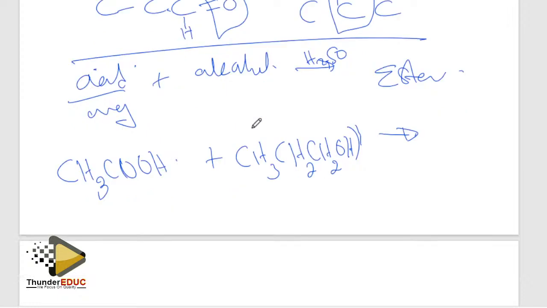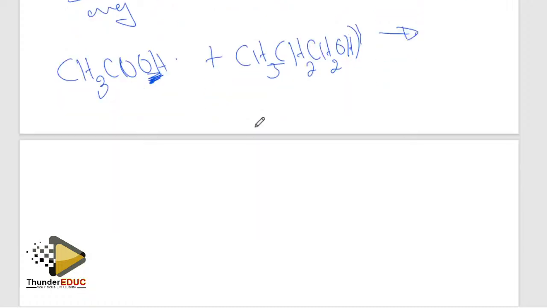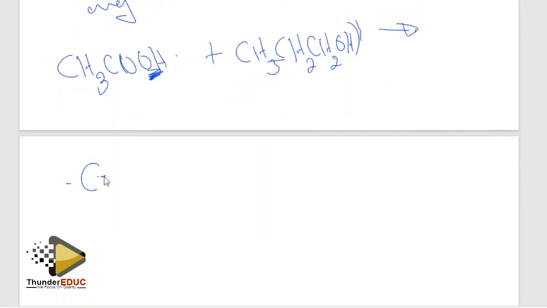So here, the one where the carboxylic acid is coming from is the one which is going to become the main chain. You understand? Here, we don't mind how many carbon atoms the alcohol has. Still the carboxylic acid will become the main chain. For example, if you draw this and write it, it's going to have 1, 2. Okay, no. Let me just start with the carboxylic acid. 1. You have, yeah, like that.